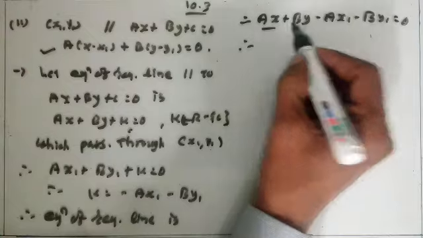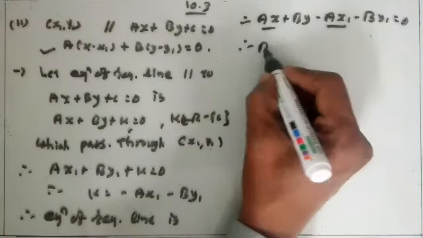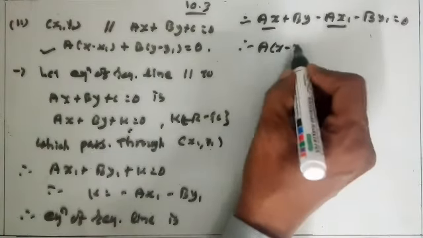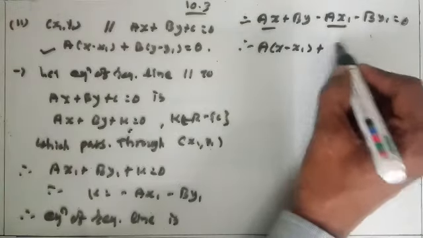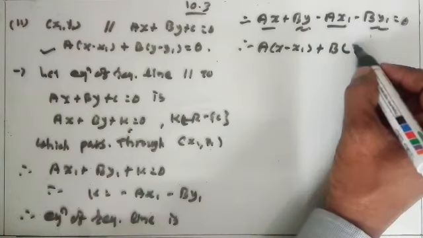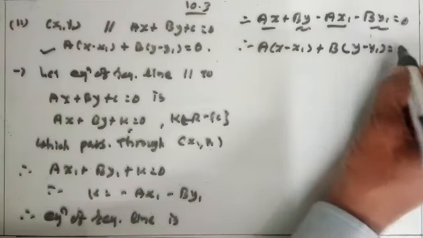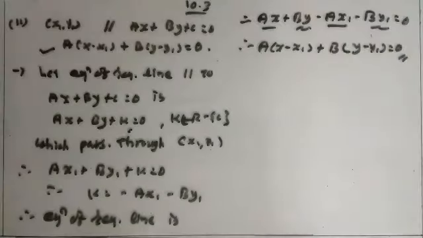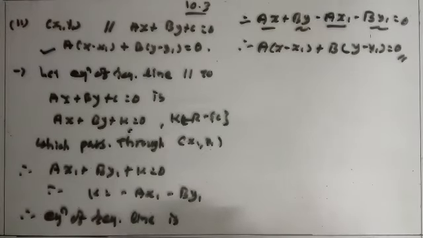Therefore from these two terms a take common, we get a into x minus x1 plus b into, from these two terms b take common, so b into y minus y1 equal to 0. Clear? This becomes the equation of the required line. Clear?